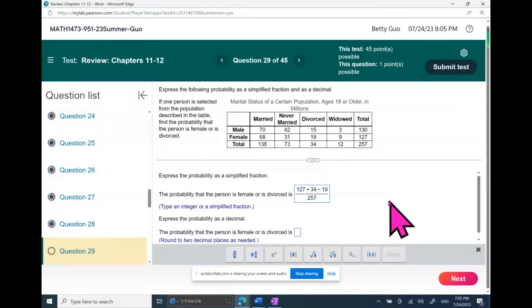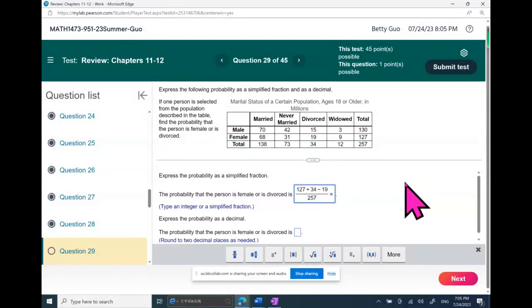Okay, let me double check. 257. 34 divorced, female 127, 34 minus 19. Okay, so let's use a calculator to assist us.